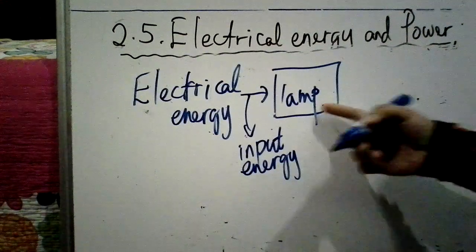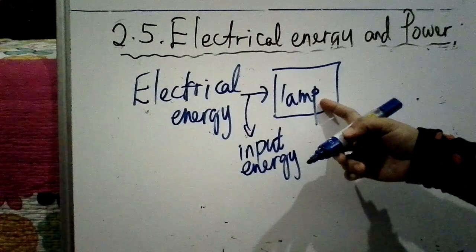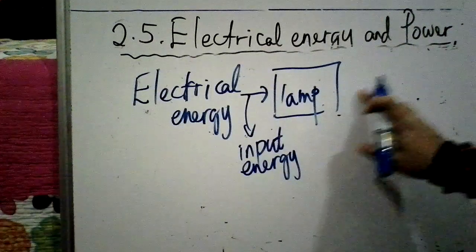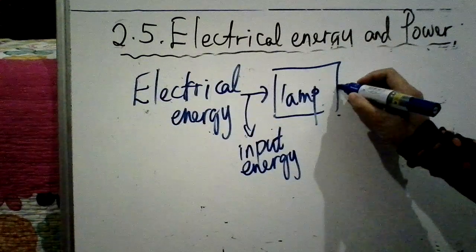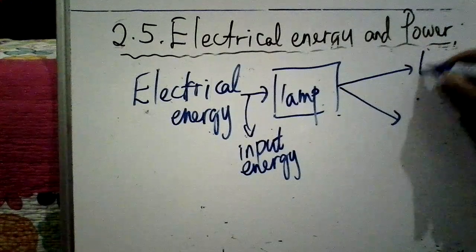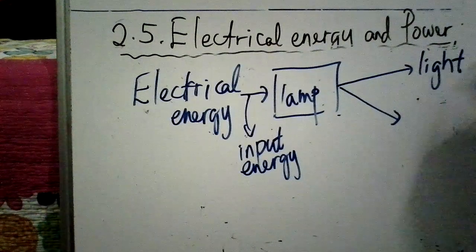What happened? There is work done to overcome the resistance of the lamp, so electrical energy will be transferred to other forms of energy. There are two forms of energy that we get here: light and heat.